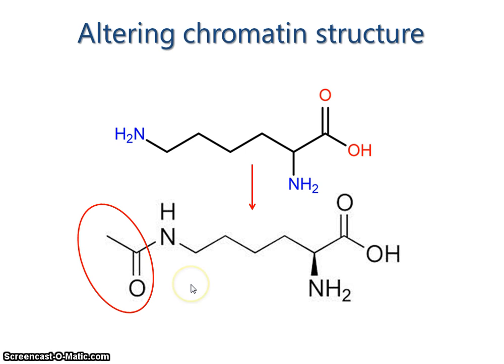And these are done by acetyltransferase enzymes. So let's say here's a lysine on a histone tail. You suddenly have an acetyl group added to it, and that makes it more negatively charged. And so it ends up letting go of the DNA a little bit more, so it's not so tightly bound.